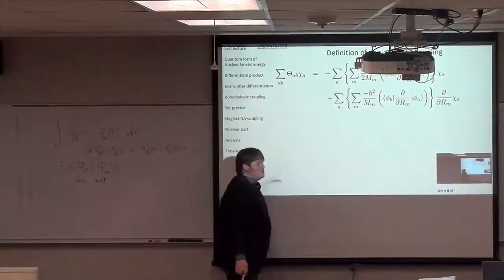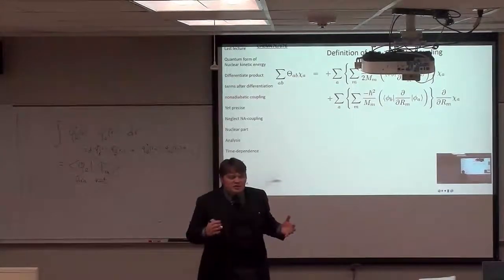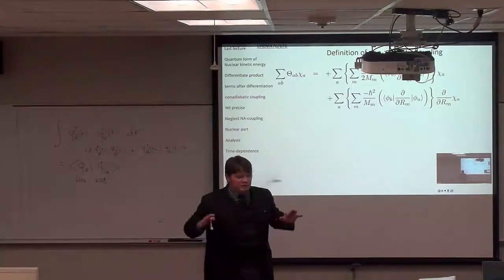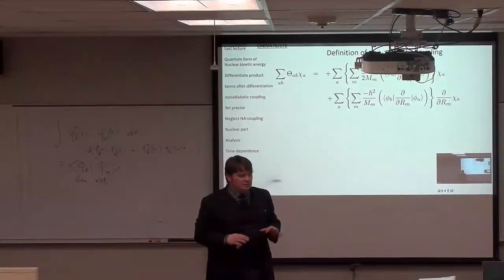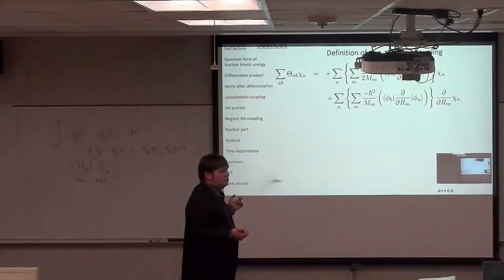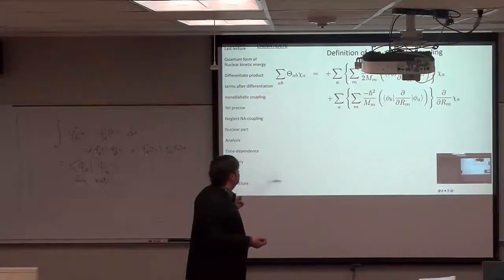So, if it would be an easy story, then this theta AB would be delta AB, the Kronecker delta, a unit matrix that we can discard as needed. But it is not equal to the unity matrix. It has some off-diagonal terms.